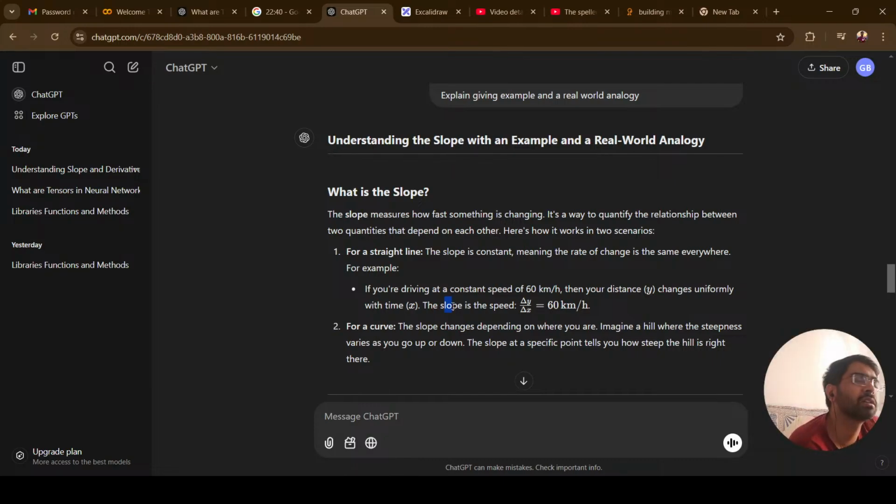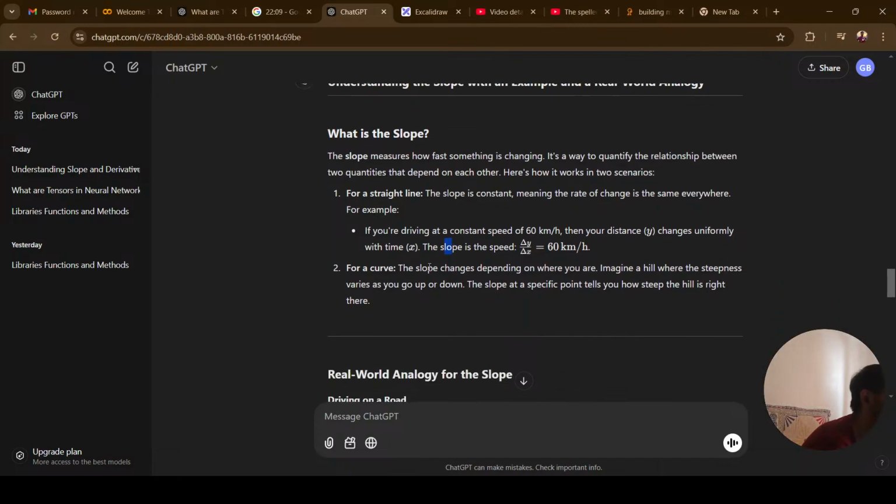Let's simplify: 60 kilometers per hour means 1 kilometer per minute. Then every minute I will be traveling the same distance only, because I'm going at the same speed. Okay, this is understood.